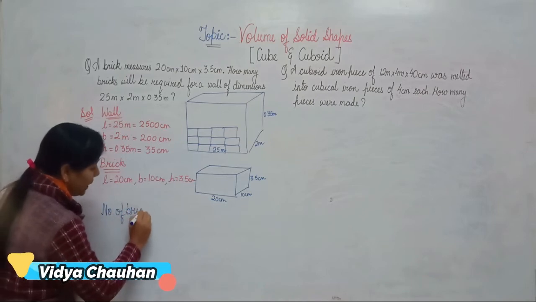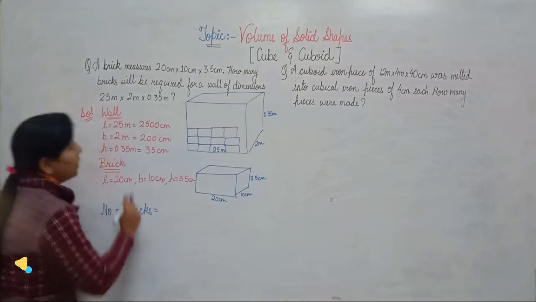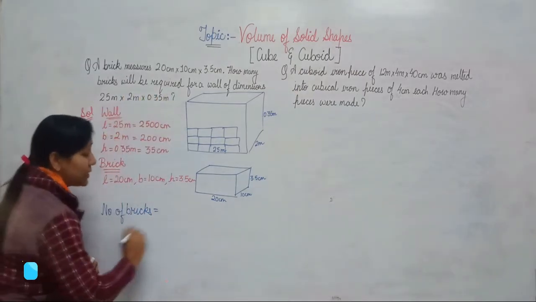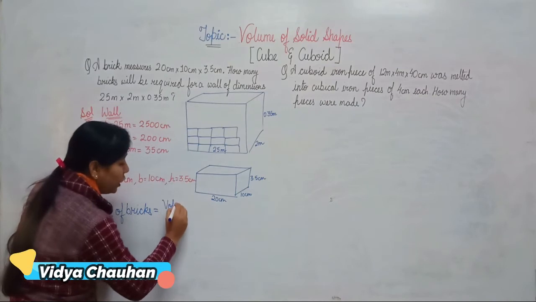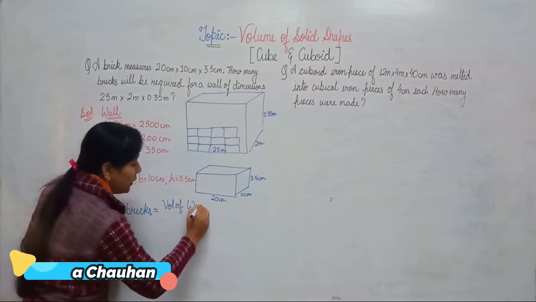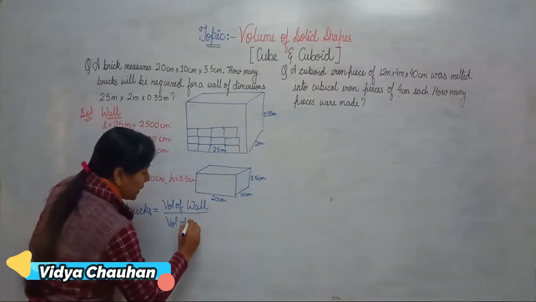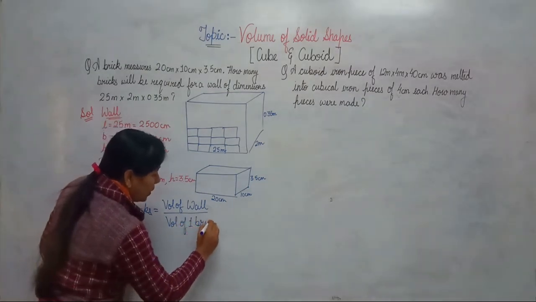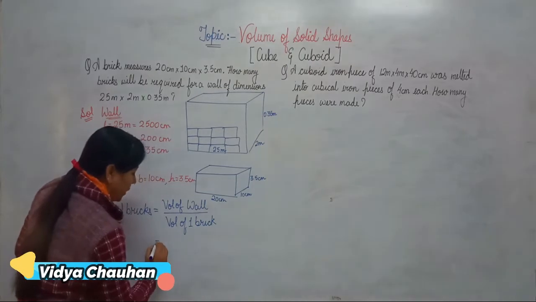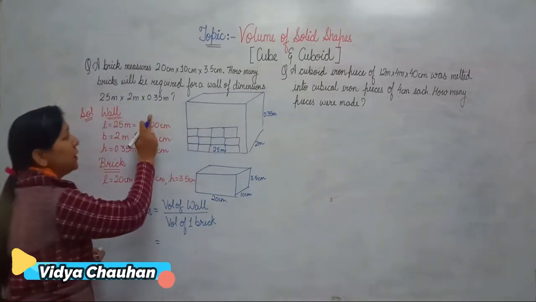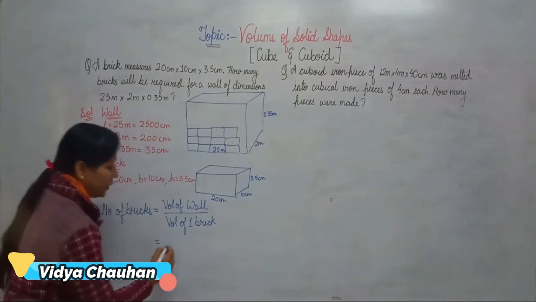The next part is to calculate the number of bricks. How many bricks are required here? Number of bricks will be equal to the volume of the wall divided by the volume of one brick. Putting the values here, what will be the volume of the wall? Since it is a cuboid, the volume will be length into breadth into height.